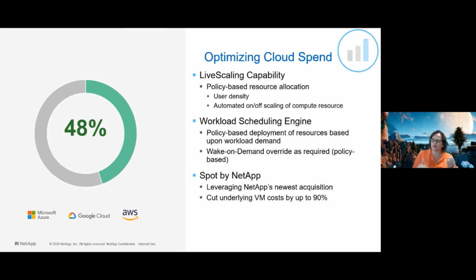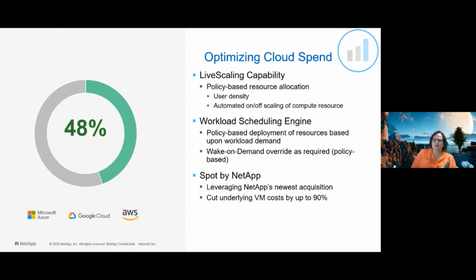Spot goes out and looks for all of those discounted compute sessions, and it applies them to your environment at any given time. And when it comes time to renew those sessions, if that session is not available at that cost at the next generation, Spot will go out and automatically find you another session that's in that range and apply it. And they can cut underlying VM costs by upwards of 90%.